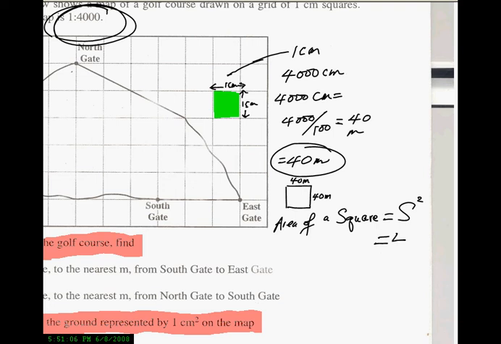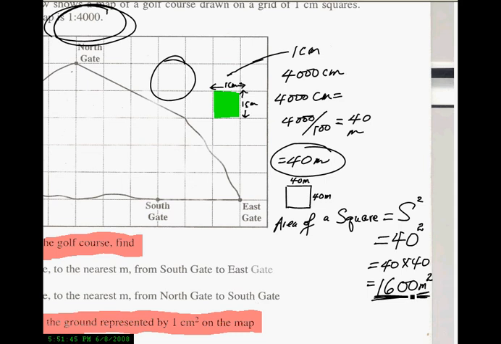I keep repeating stuff because it's a teacher thing. I just want to make sure that it sinks. So that's 40 times 40. Quickly, 4 times 4 is 16. That gives you 1600 square meters. So there you go. One of these little squares actually represents 1600 square meters on the ground.